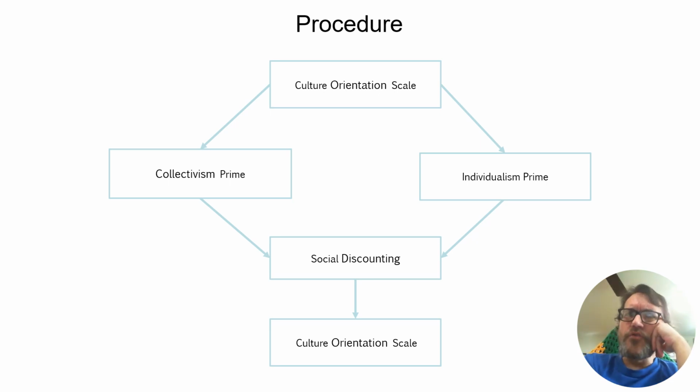And so what we found was when we primed people with a collectivistic prime, then their social discounting reflected the original scores that they told us on the culture orientation scale. Okay, so it was a pretty interesting result that they would reflect in that way.